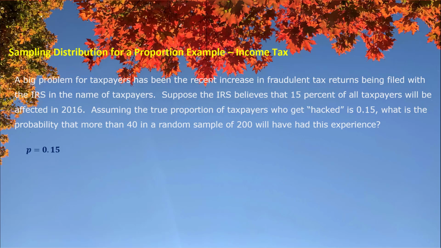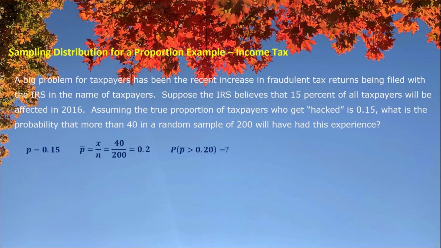In this question, we assume the population proportion is 15%, and we have a random sample size of 200. We look at the probability that more than 40 from this random sample would have had this hacking experience. So the event is described by the sample proportion, 40 out of 200, which gives us 20%.